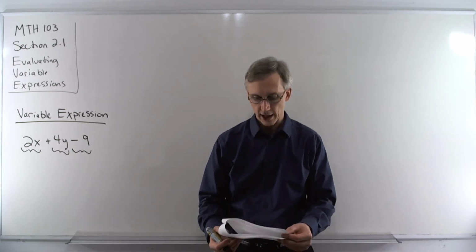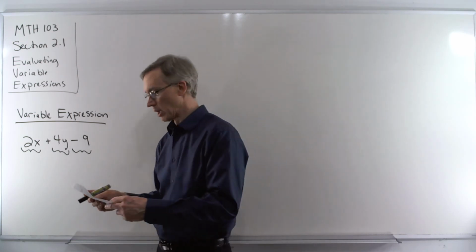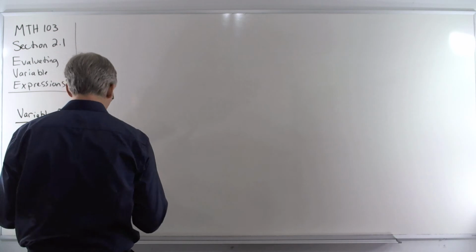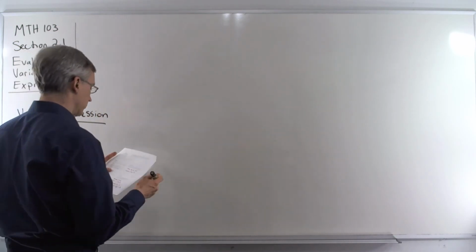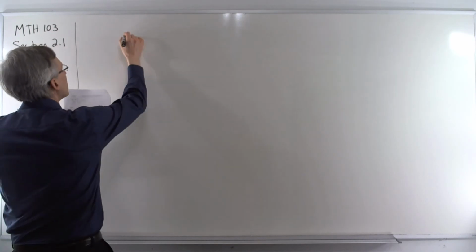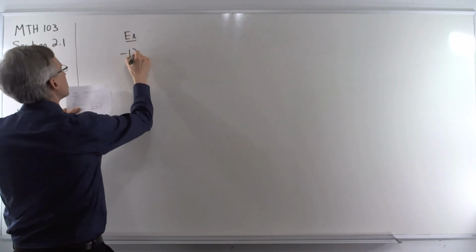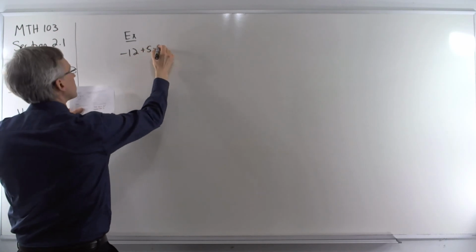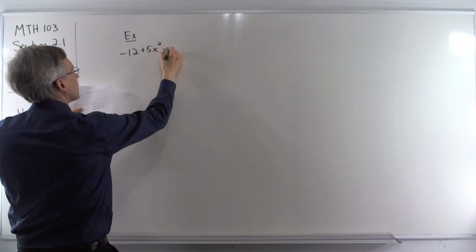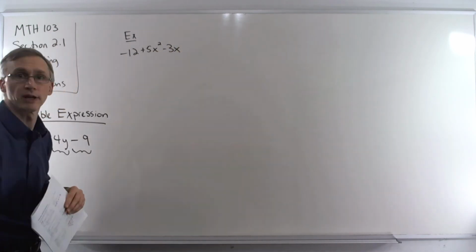So let's practice identifying some of these parts. We're going to name the terms of the variable expression and identify the constant term. -12 plus 5x squared minus 3x.